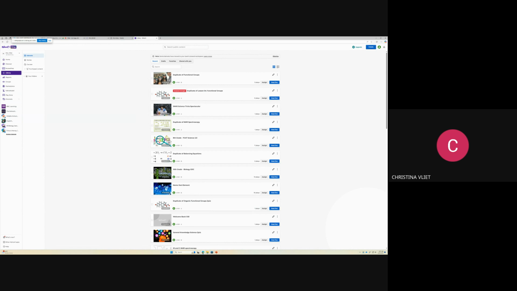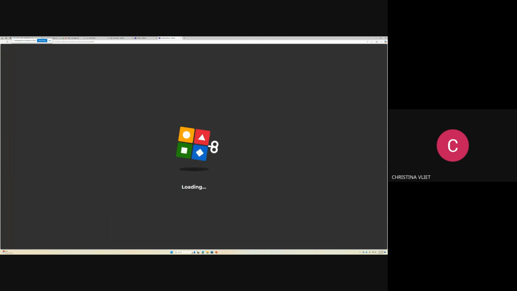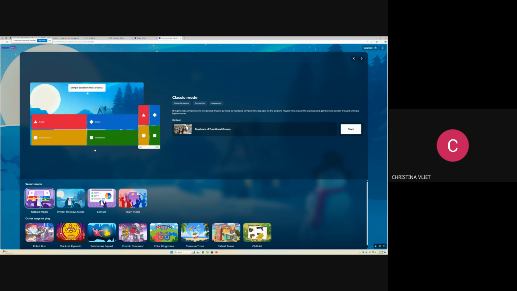And so I wanted to see if there's any that are interesting. So you would be the first test group piloting this. They give us these different game modes. One of them's called Robot Run, Lost Pyramid, Submarine Squad, Cosmic Conquest, Color Kingdoms, Treasure Trove, Tallest Tower. I don't know what killer it is.